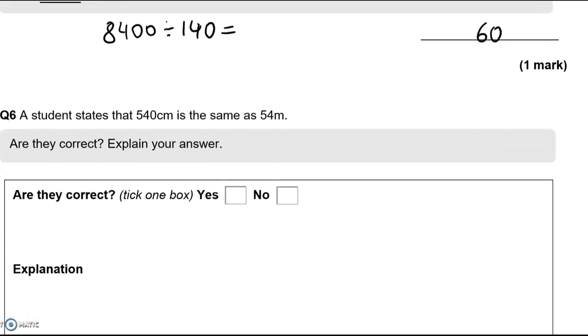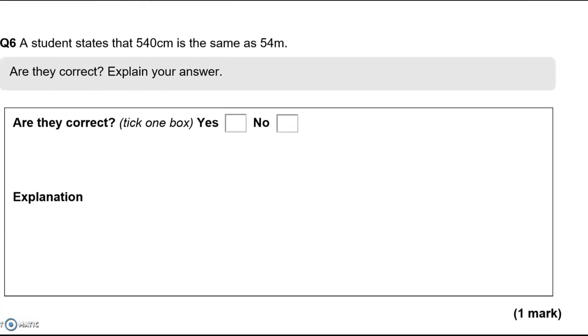Question 6. The student states that 540 centimeters is the same as 54 meters. Are they correct? Explain your answer. No, they're not. And the reason is that in 1 meter there are 100 centimeters.